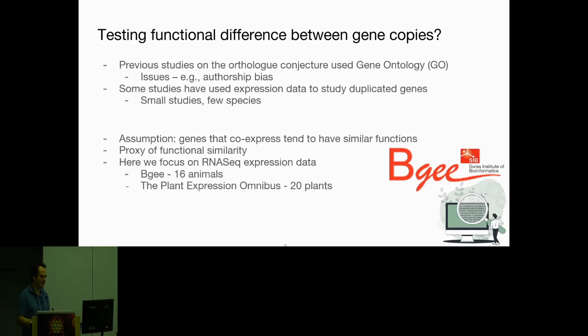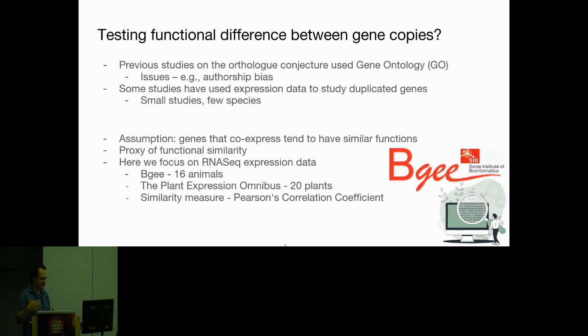We have RNA-seq expression data that we collected from the Bgee database, which is co-located on our campus in Lausanne, the team that developed this. There was an overlap of 16 animals in their database with the species that we have in Panther, and also Irene had previously worked in the group that developed the Plant Expression Omnibus, and we have 20 plants from this.